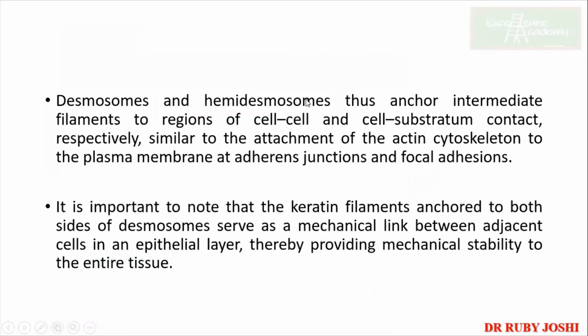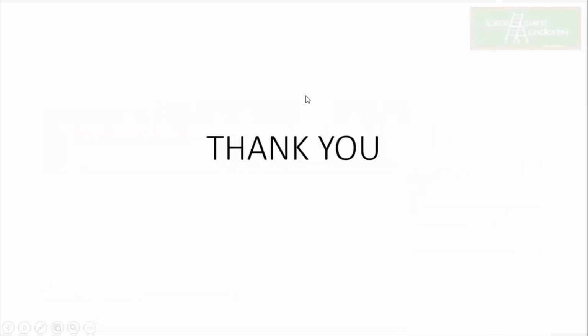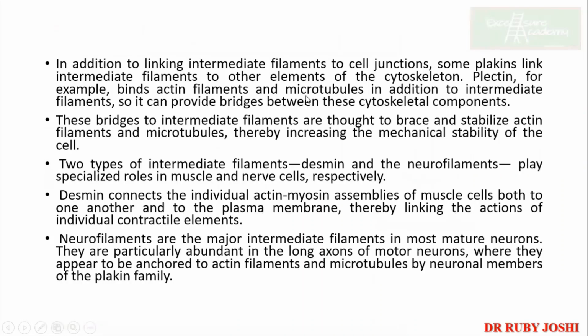But this plectin is also responsible for making connections with the actin filaments as well as the microtubules, along with the intermediate filaments. I'll show in the figure how plectin is making the bridges between these cytoskeleton components. All three are connected with the help of plectin. These bridges to intermediate filaments are thought to brace and stabilize actin filaments and microtubules, thereby increasing the mechanical stability of the cell.